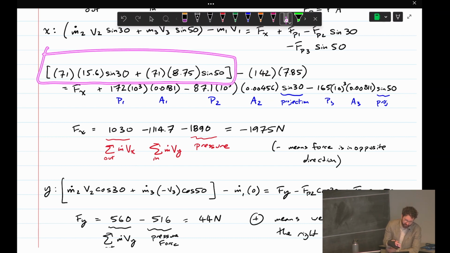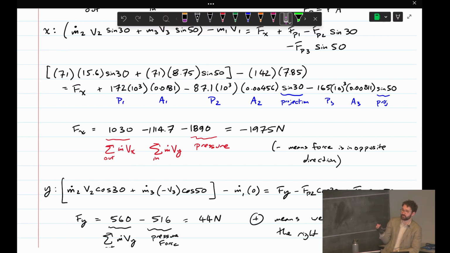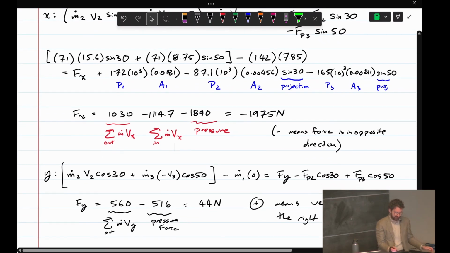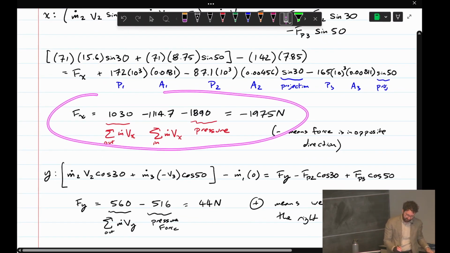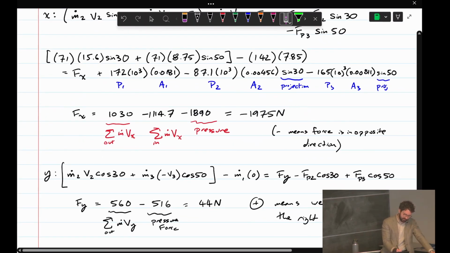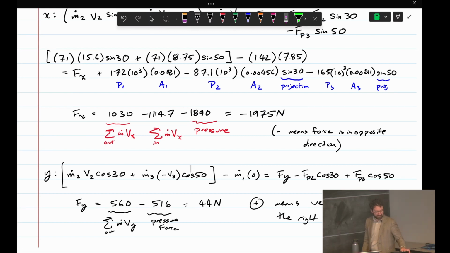That's the sum of our momentum leaving our system in the x direction. The second term is this. That's the sum of our momentum entering the system. Oh, sorry. Yeah, no, this should be Vx. Is that why you were confused? Yeah, my bad. So we're just in the x direction here. My apologies for that. Yeah, so that makes sense. Any other questions?